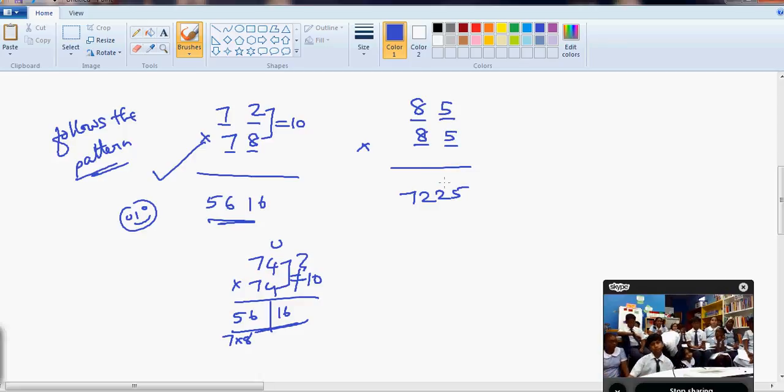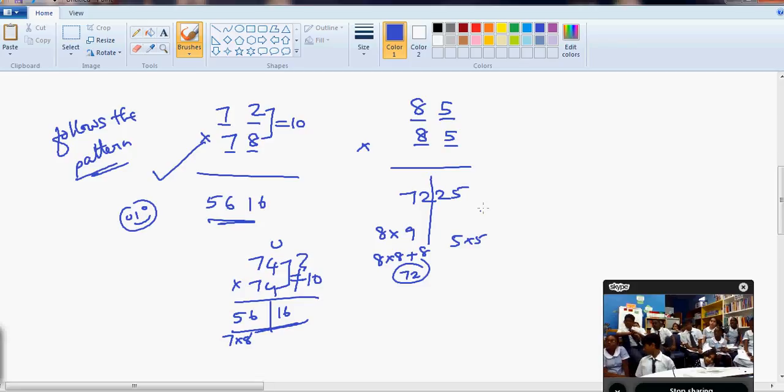Now others, what do you think? Is it correct? Are they correct? Yeah. So 8 times 9 is 72, or 8 times 8 is 64. Add 8, you get 72, and you have 5 times 5, that is 25.